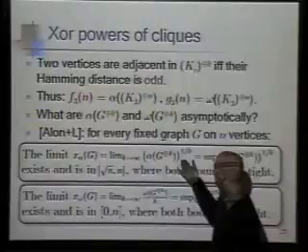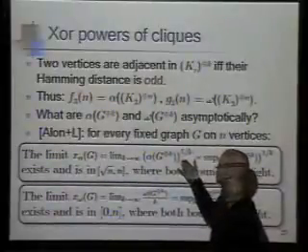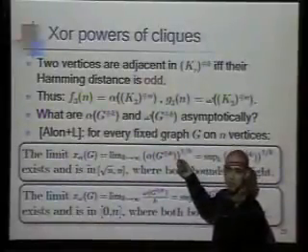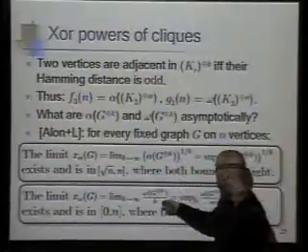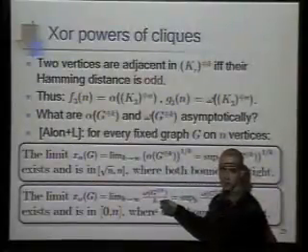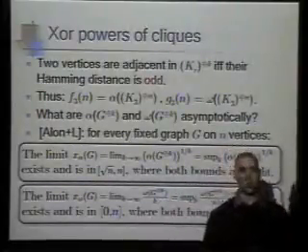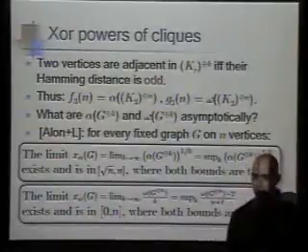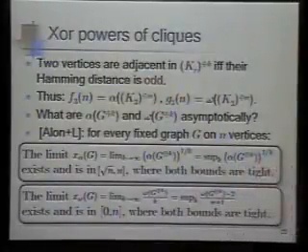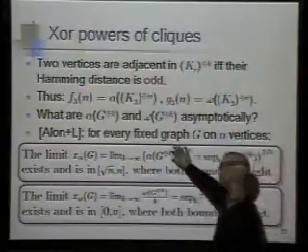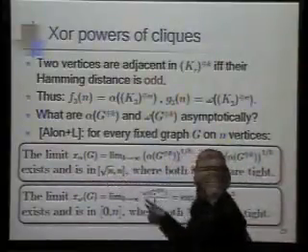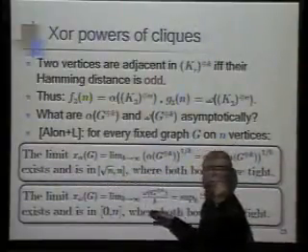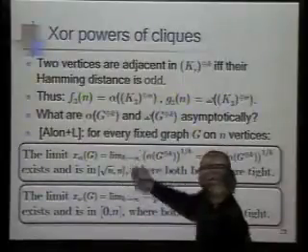The independence number grows exponentially with k. The clique number grows linearly with k. Both limits exist. One grows exponentially, one grows linearly. This was easier to show. The lower bound wasn't too difficult to show.